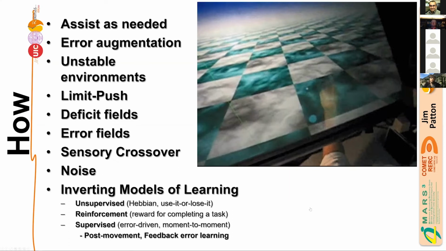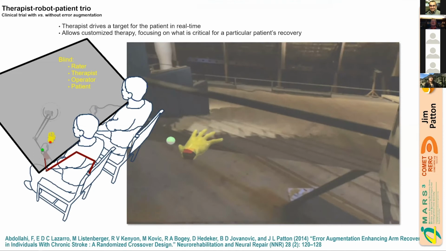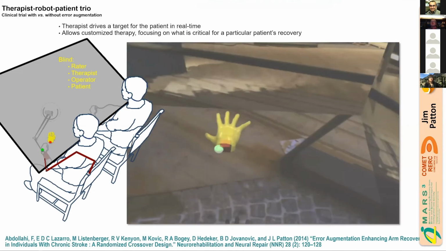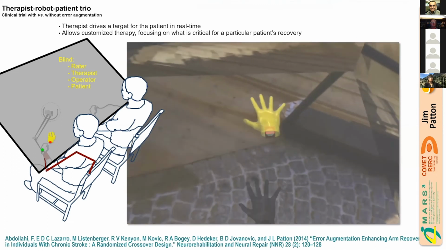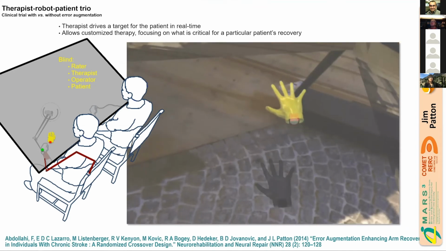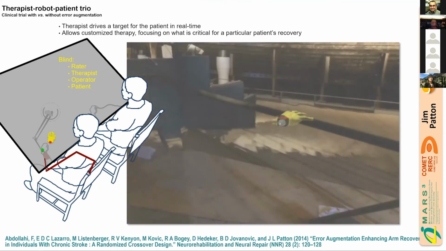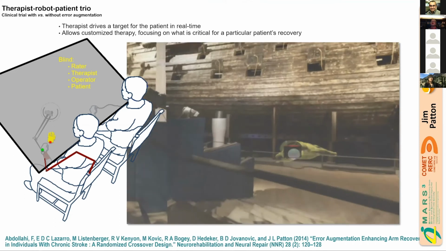One of our applications is the idea of error augmentation. This is the idea that if you make mistakes, and you learn from your mistakes, then why not artificially make your mistakes larger? You can do that with this technology, and we're having fun with this. It's a real trip. The patient and the therapist sit side by side in this example, and they work together.